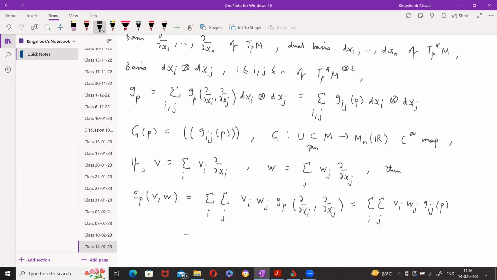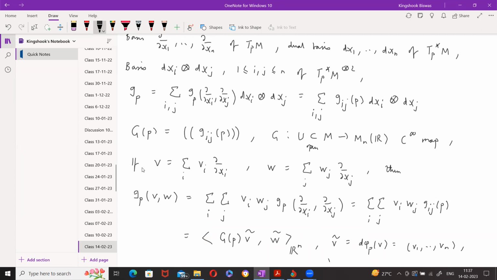And what is this? I can write this as nothing but the Euclidean inner product between the vectors G V tilde and W tilde, where V tilde is the vector in Rn given by my chart, d phi_p applied to V, which is nothing but V1 to Vn.